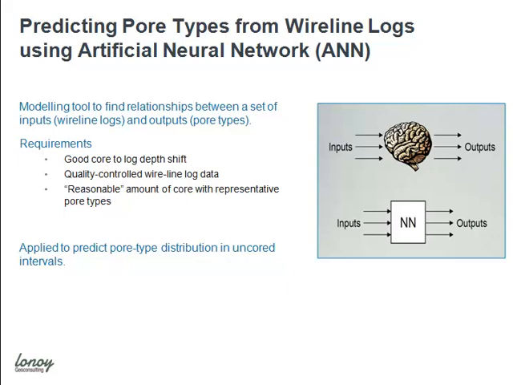The requirement for getting acceptable results are good core to log depth shift, quality controlled wireline log input data, and a reasonable amount of core with representative pore types. Given these conditions, artificial neural network may be applied to predict pore type distribution in uncored intervals.